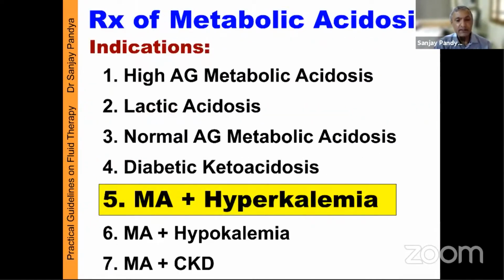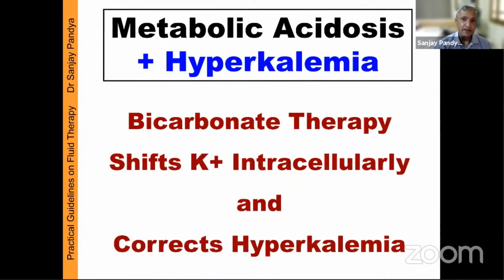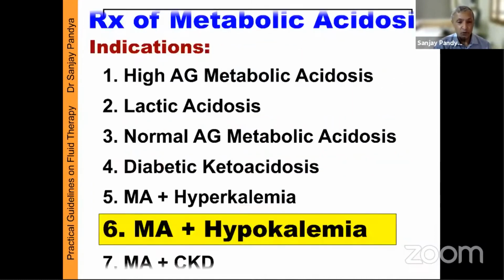In patients with metabolic acidosis and hyperkalemia, my learned friend Dr. Raju has already narrated all aspects of hyperkalemia, but bicarbonate therapy shifts potassium intracellularly and corrects hyperkalemia. Therefore, in acute management of hyperkalemia, if the patient is acidotic, correction with sodium bicarbonate may be helpful.